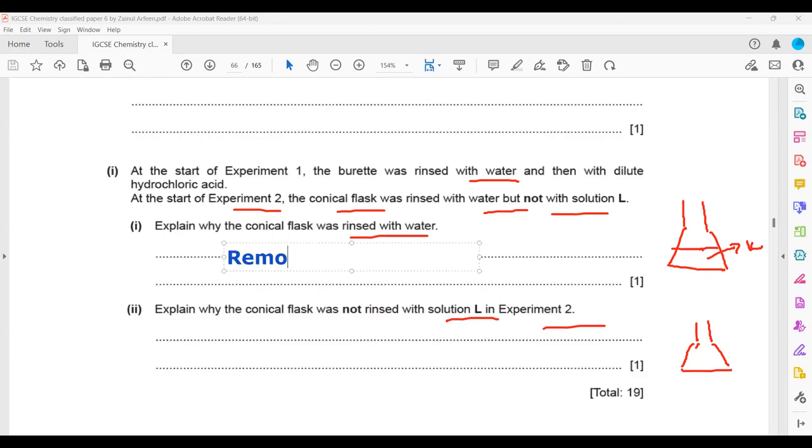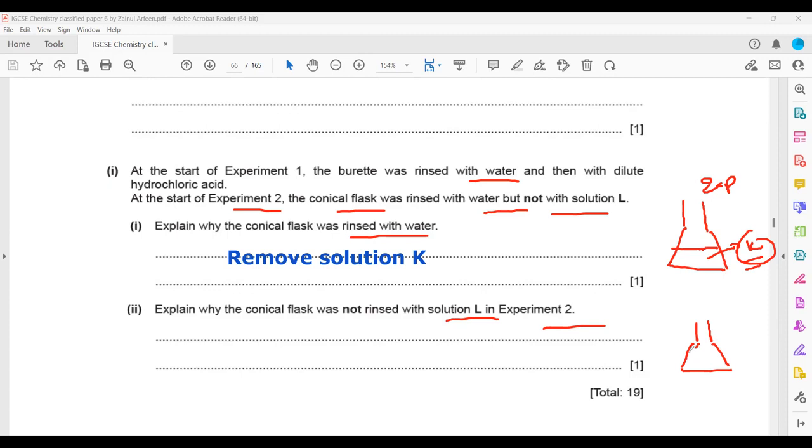That is to remove solution K, or any impurity, because in experiment 1 it was filled with K. Then in experiment 2 we have to fill with L, but before that we rinse with water to remove any K left in the flask.